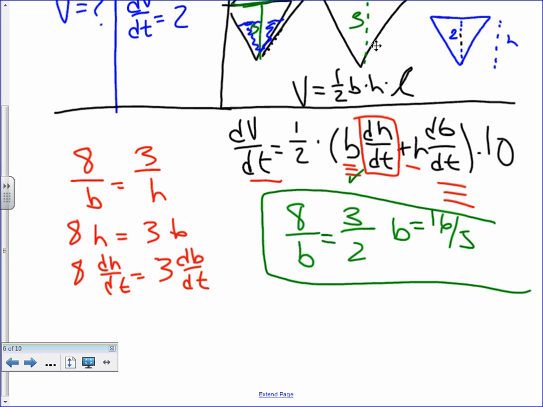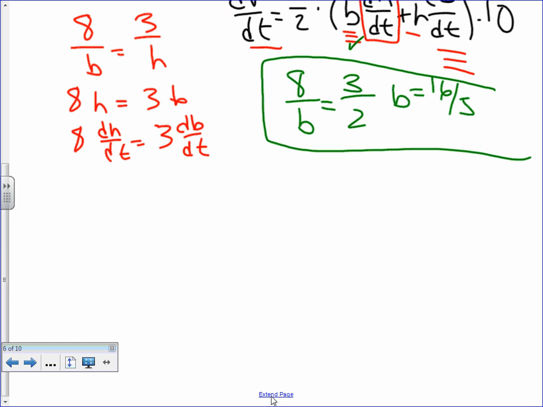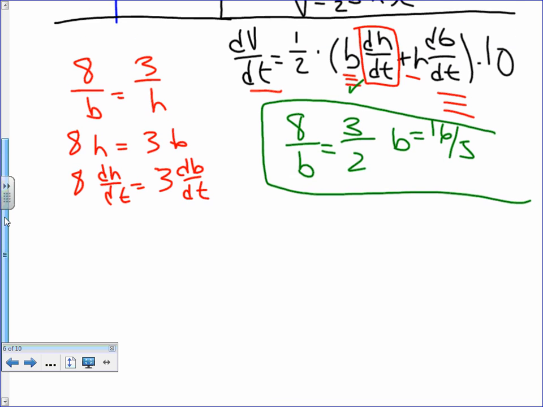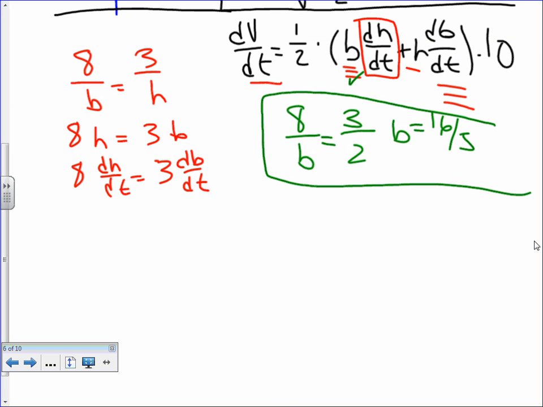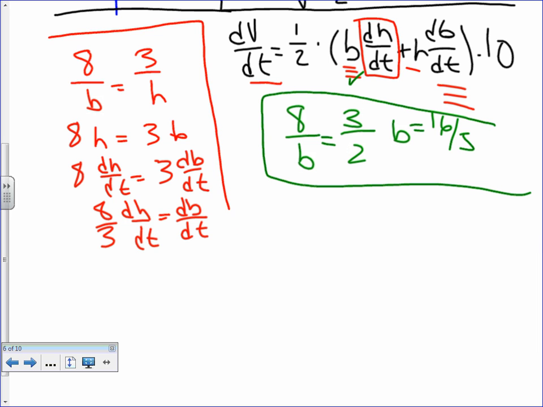This is the other way we can do it. Other than getting an actual value for it, we're going to be able to substitute it right on out. So we divide by 3 and we get dB dt equals 8 thirds dH dt. Alrighty then, let's put this in its own little box here.